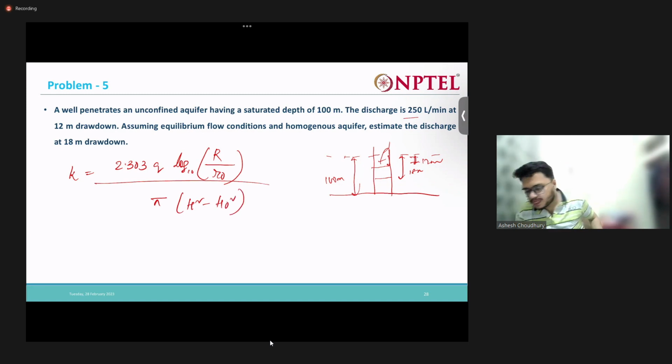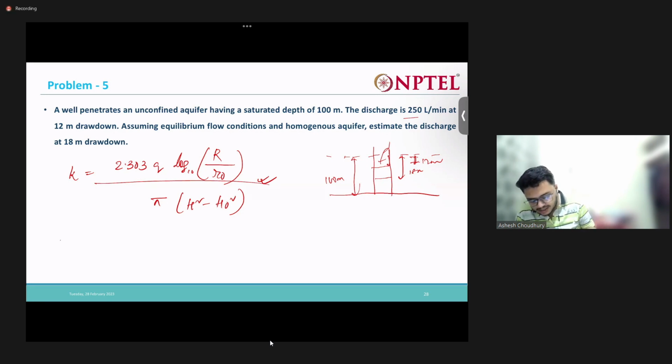See, this is base 10, that's why 2.303 is coming. Previously, what we studied was the condition where there were two test wells. Now this is a different case. Here we are just drilling one well. In that case this relation defines the flow.